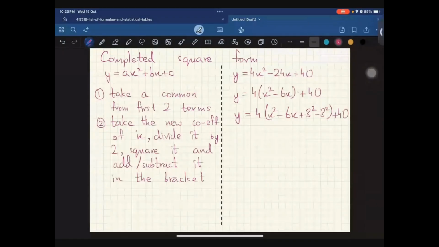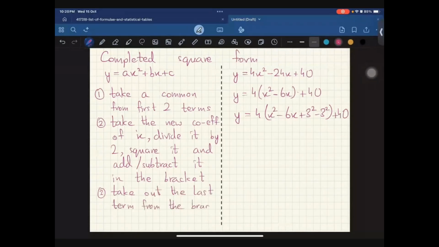to take out the last term from the bracket. What's the last term of the bracket? Minus 3 squared. So we'll remove that from the bracket.